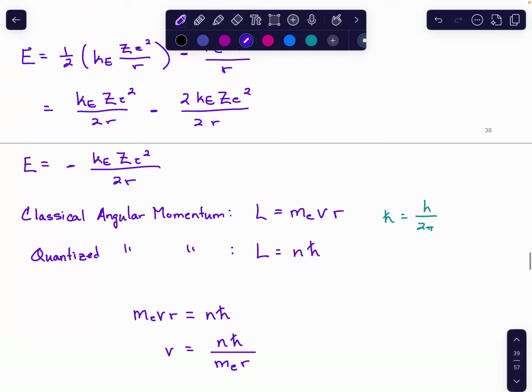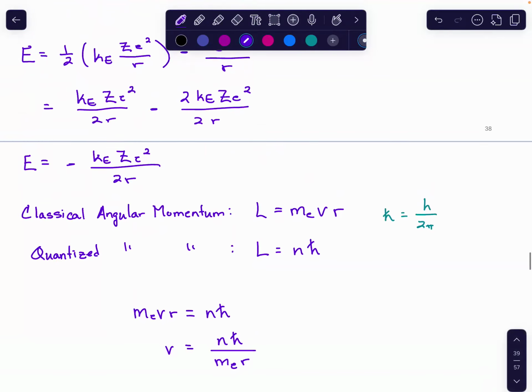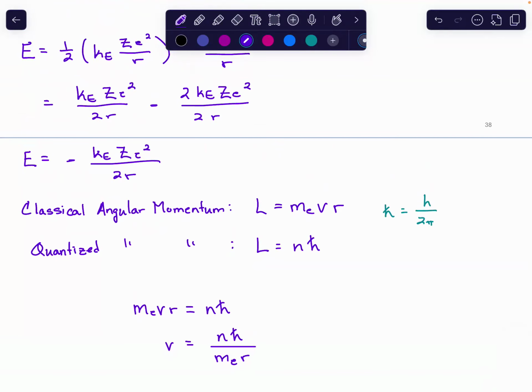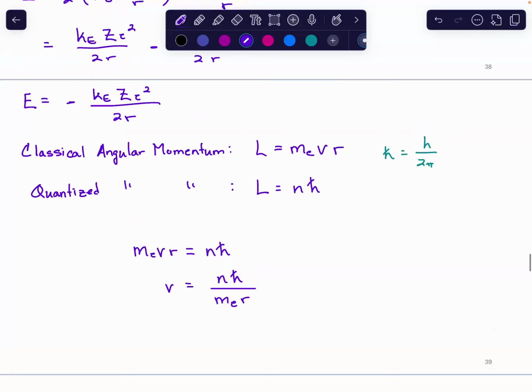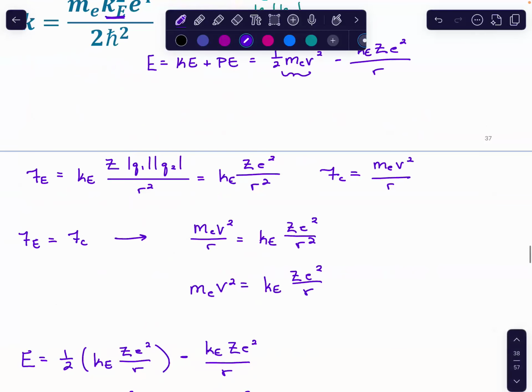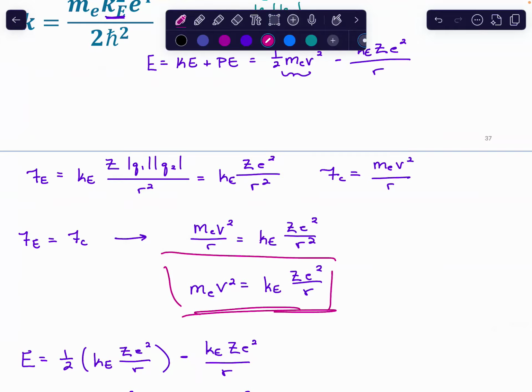Now, what we're going to do is go back up and pull out this equation.